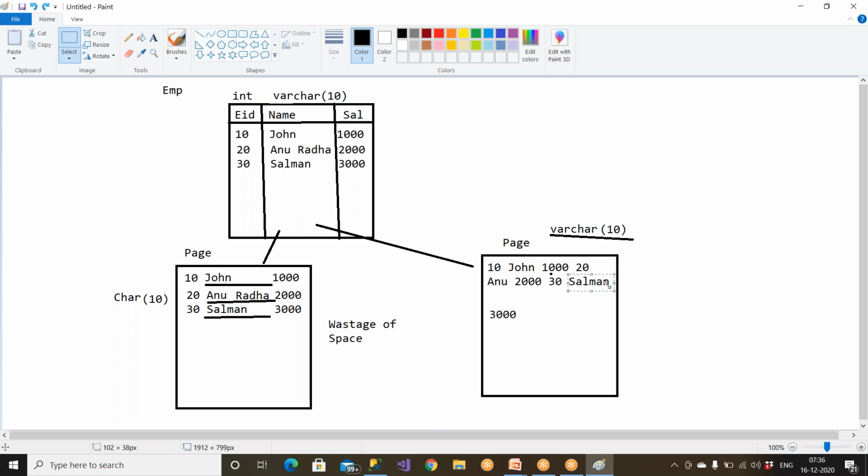It will take this data and bring it down, and it has to accommodate space like this.